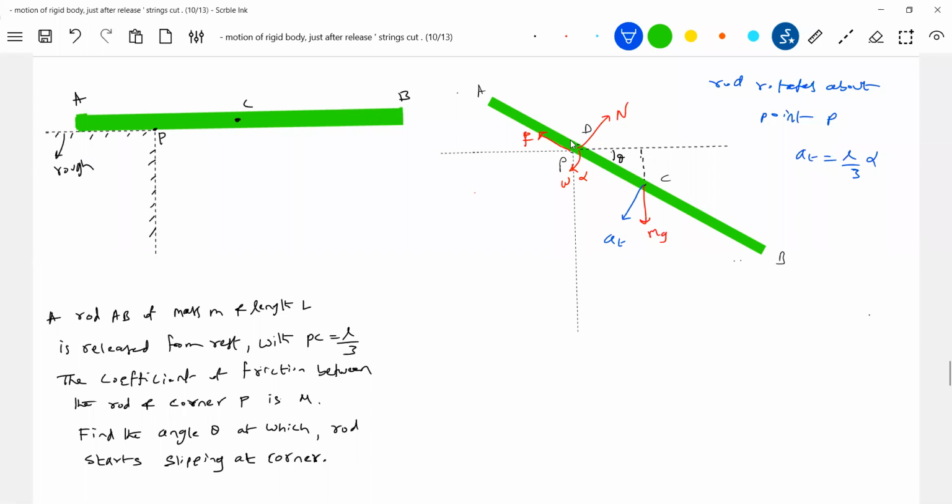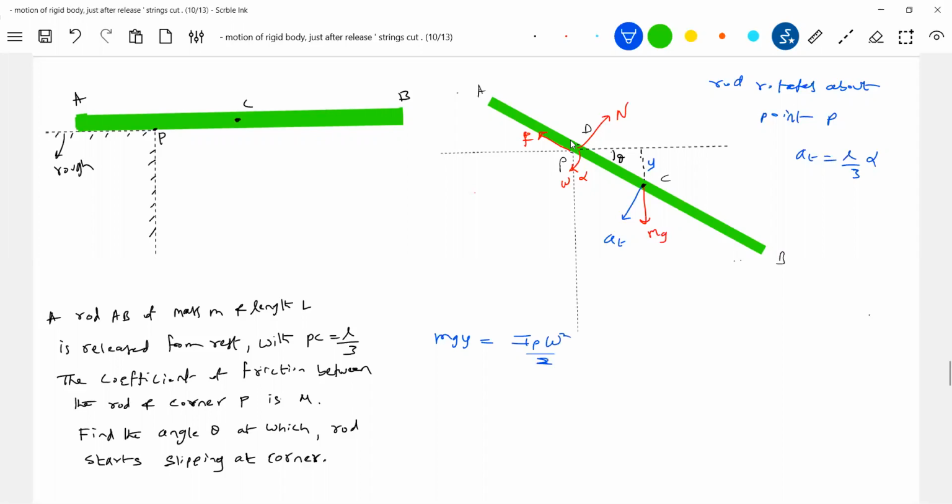Let's get into the problem. What all equations do we have to write? First, we'll calculate omega. Earlier the center of mass was here, and the center of mass has descended by a distance y. So the decrease in potential energy of the center of mass, mgy, is equal to the rotational kinetic energy, moment of inertia of the rod about point P into this one.